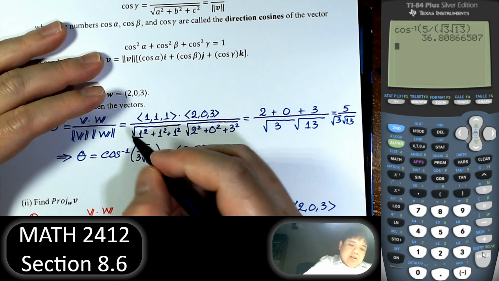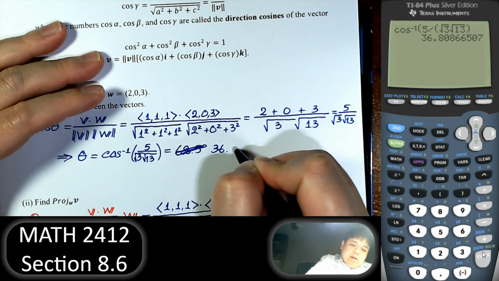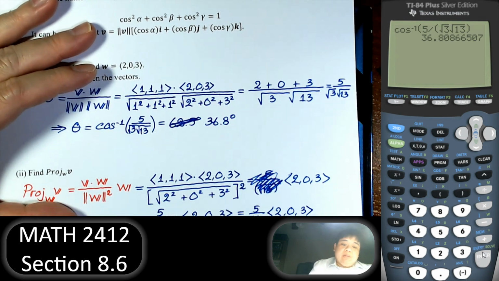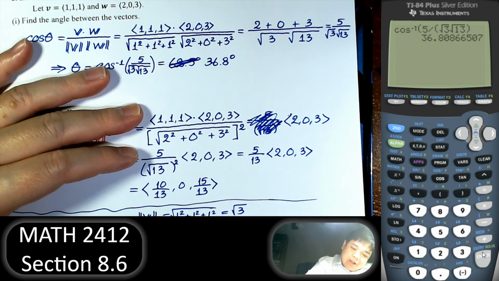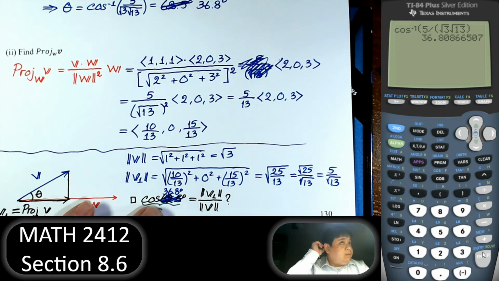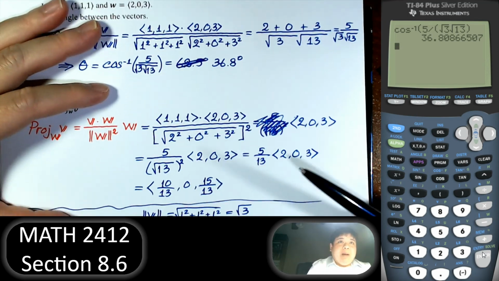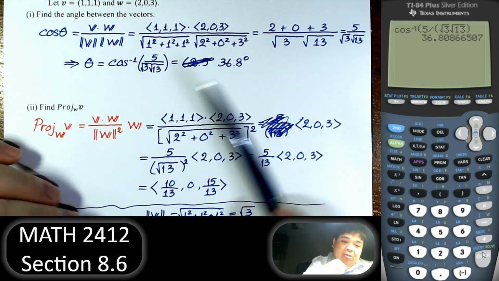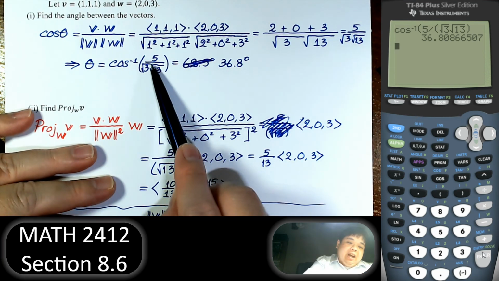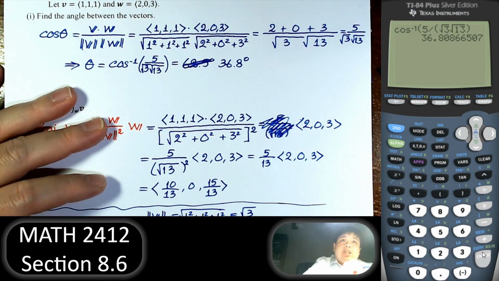That's right. It is 36.8 degrees. Sorry about that. I forgot to write the square root there. I'm glad we checked this so we can catch what we missed earlier. So there's a square root of 3, and of course cosine inverse of that is 36.8 degrees.